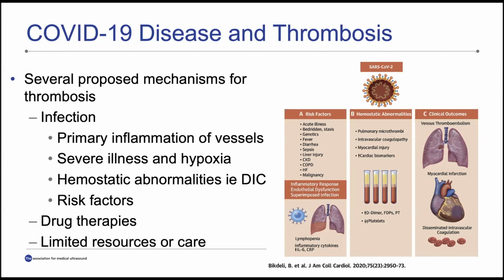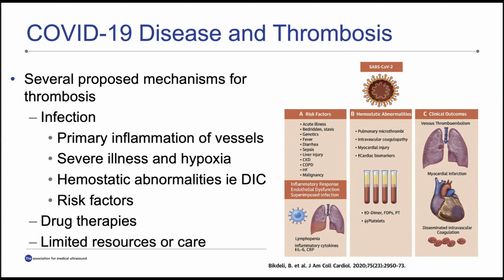It causes direct hemostatic abnormalities, as we just mentioned, through the release of cytokines. And it may also be related to a number of different risk factors in patients who are sick. They're bedridden, there are problems with vascular stasis, they have fever and become dehydrated, which can cause problems in other organs like the liver. And so all of those can enter into the cause of these bleeding abnormalities.